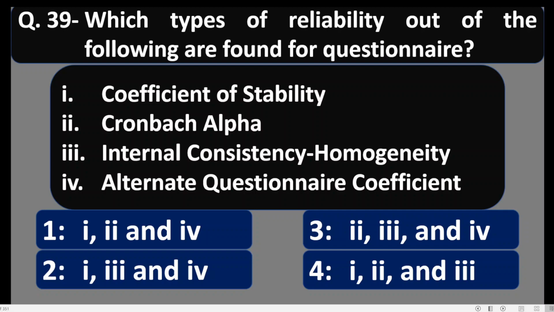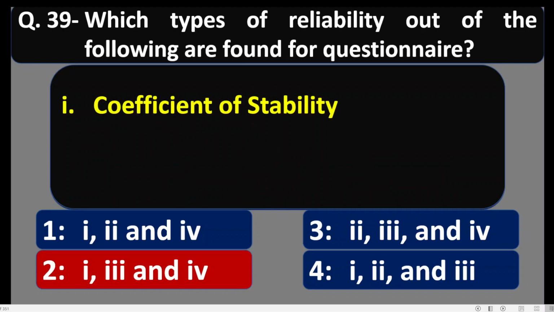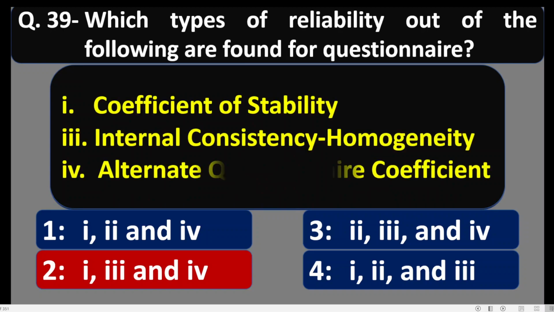The remaining 3 are used to find the reliability of questionnaire, and they are given in option number 3, so it is correct. These are the methods of finding reliability of questionnaire: coefficient of stability, internal consistency, homogeneity, and alternate questionnaire coefficient.